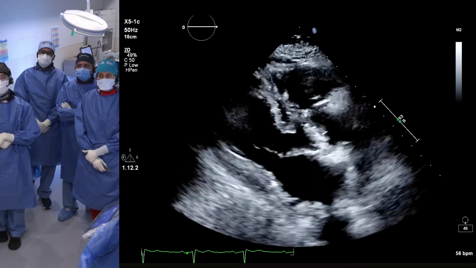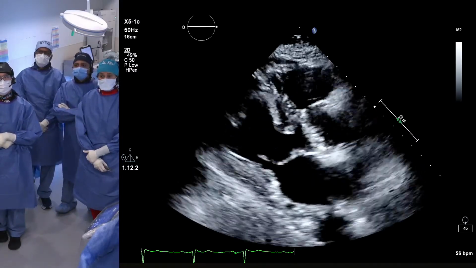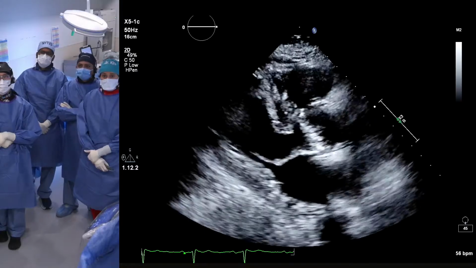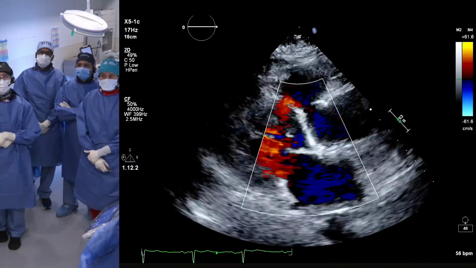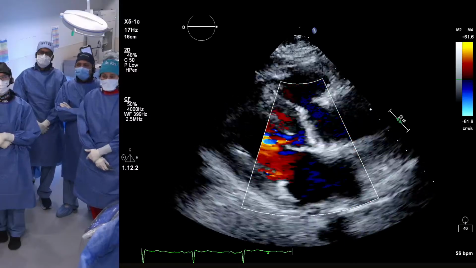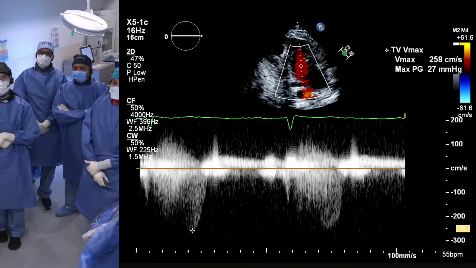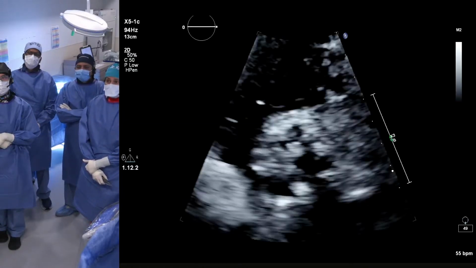Good morning. As you can see here, normal LV function. The aortic valve leaflets are thickened, calcified, with decreased excursion of the leaflets. The patient has about moderate aortic regurgitation together with the aortic stenosis, mild MR, mild tricuspid regurgitation, no pulmonary hypertension.